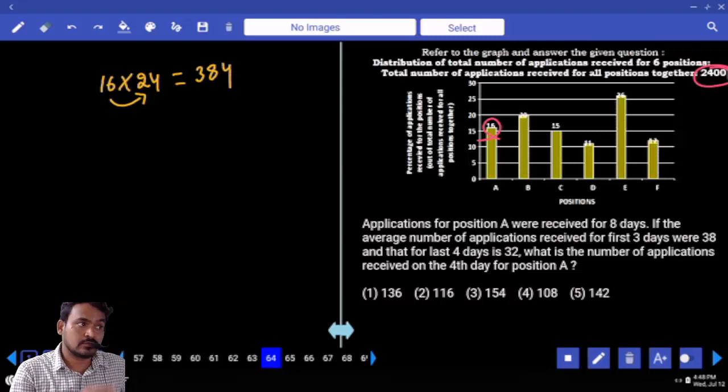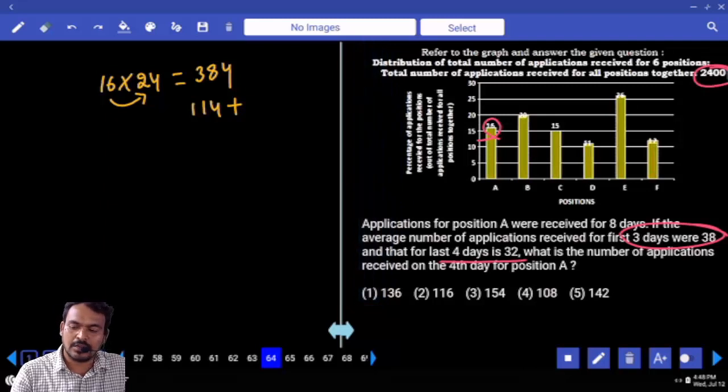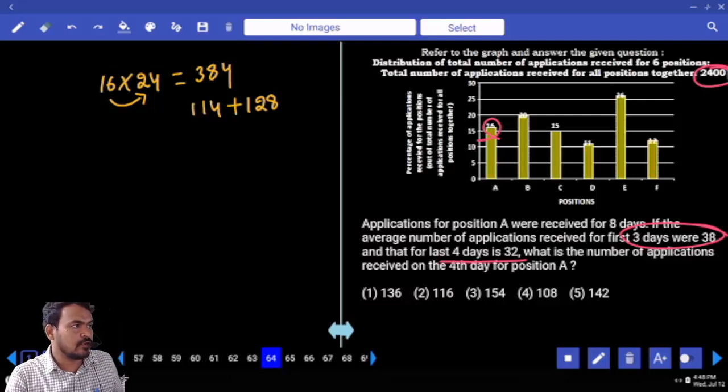And it is total 8 days applications. First 3 days, what is the average given? 38. 3 days average are 38 means what is the sum value? 114, plus next 4 days average given 32. What is the sum value? 128. 384 is how many days value? 8 days. 114 is 3 days value. 128 is 4 days value.